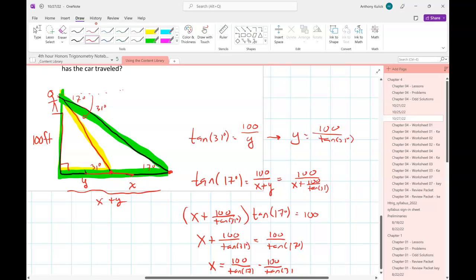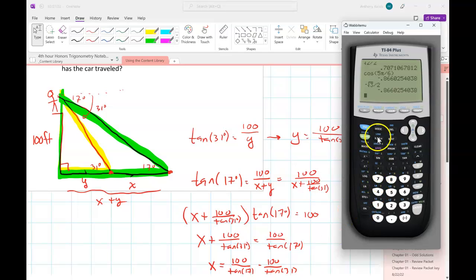And that should be good. Let's check that out. First, got to make sure my calculator is in degree mode. And then I'll do 100 divided by tan 17 minus 100 divided by tan 31. And I get about 160.7 feet.